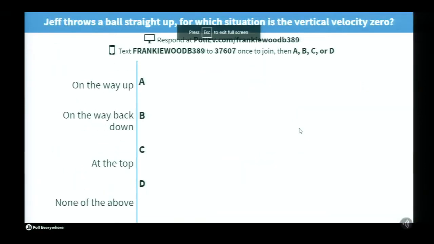Okay, we've got a ball thrown straight up. For which situation is the vertical velocity 0?